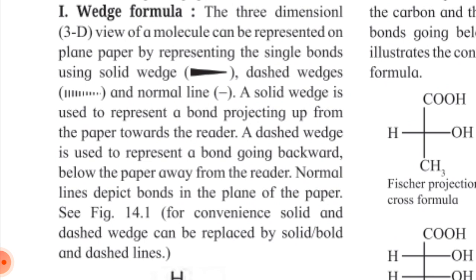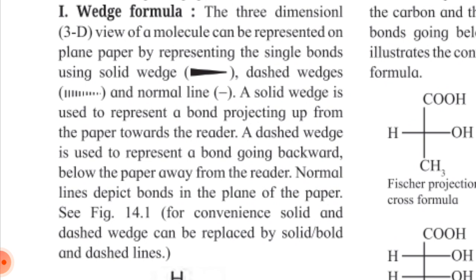A solid wedge is used to represent a bond projecting up from the paper towards the reader. A dashed wedge is used to represent a bond going backward below the paper, away from the reader. Normal lines depict bonds in the plane of the paper.